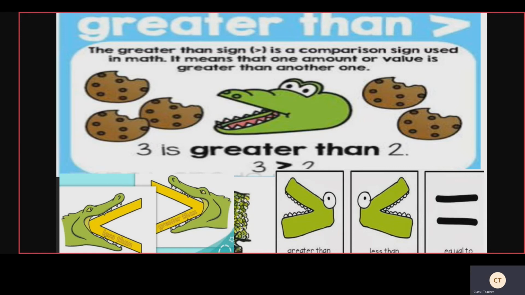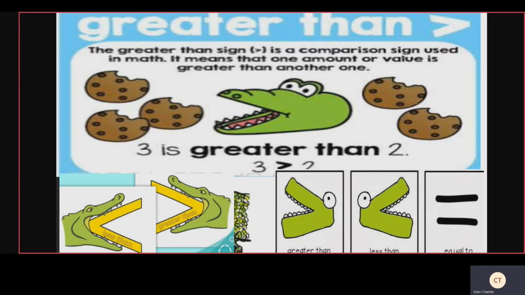So how can we tell the difference between the two symbols? Children, try to understand now. Compare the V-like shape of the symbols to the mouth of an alligator.